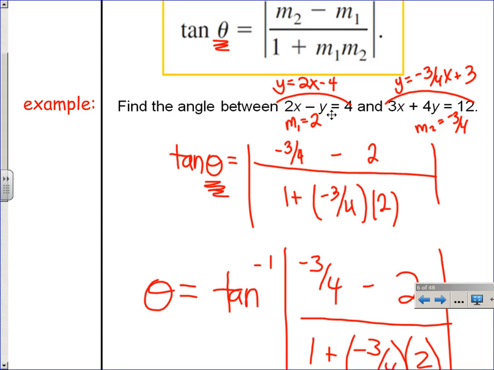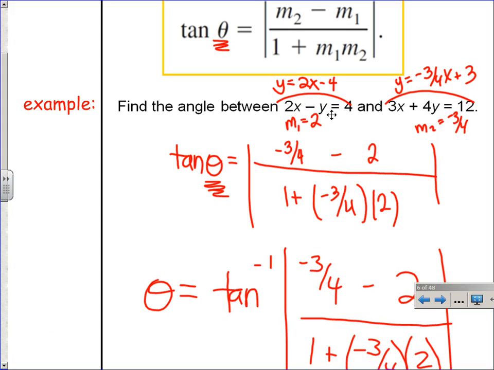So some legal algebraic moving around. I did the exact same thing here, but I did it really fast on Friday. But most of you would have had to go step by step of subtracting the 3x, dividing by 4, not just the negative 3x, but also the 12 had to be divided by 4. But once we get the y by itself, slope-intercept form, we can steal the m, we can throw it into our formula.